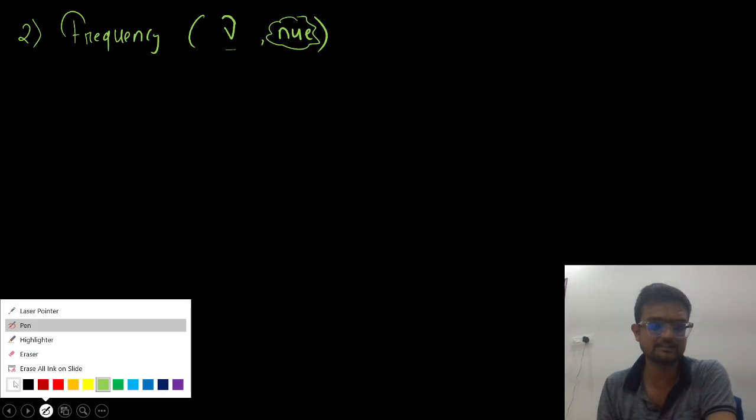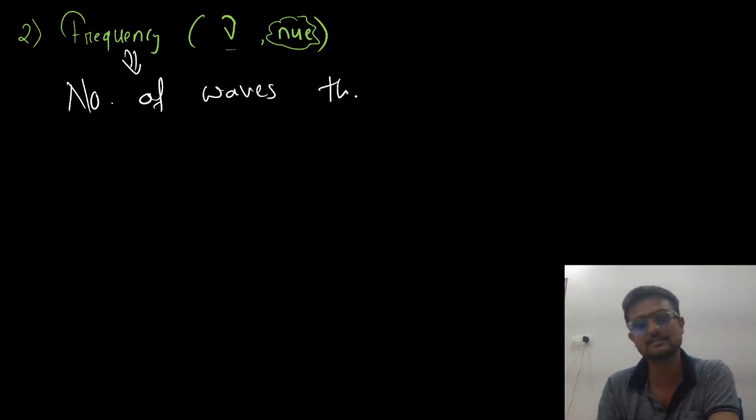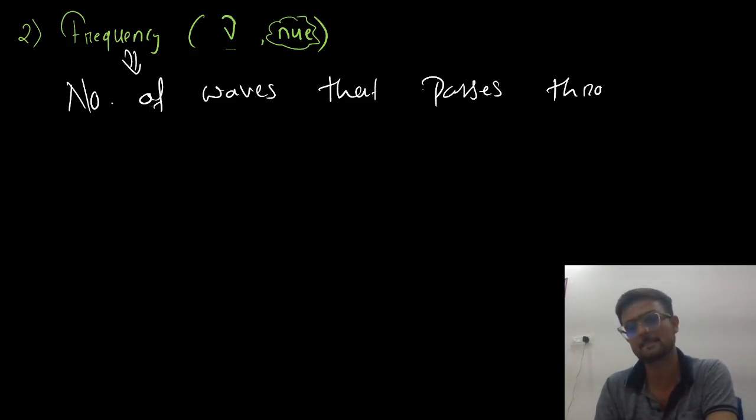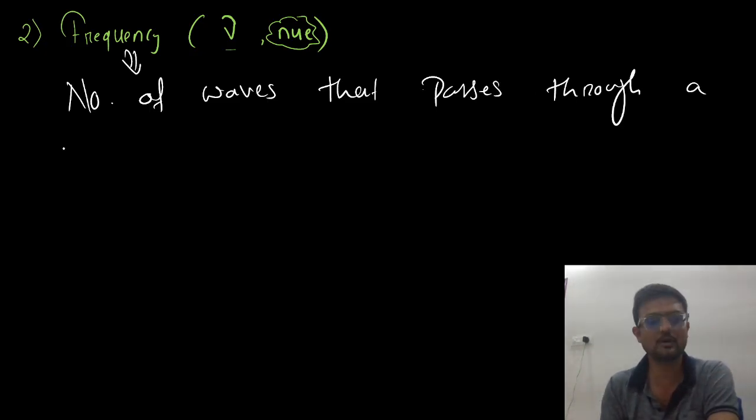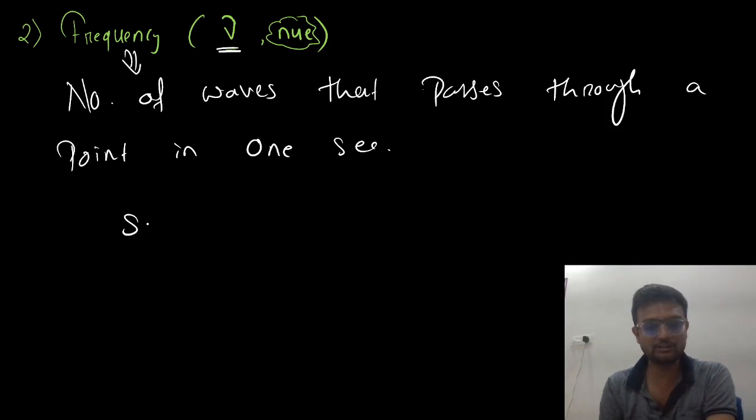So if I want to write the definition, I can say it is the number of waves that pass through a point in 1 second, which is called frequency. Frequency is denoted by a Greek symbol, nu. And what is the SI unit of frequency?